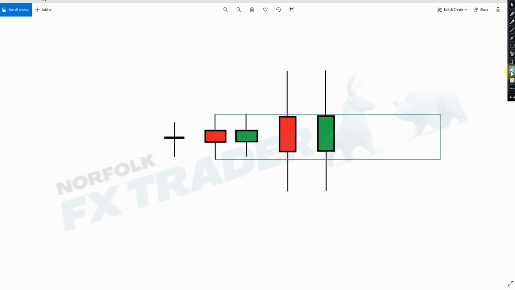I would not be using the traditional way of marking out from the open price of that last bearish candle to the low of that candle, then marking out my area of demand. And like I said, I would not be looking to mark out this candle from the open price to the high to mark out my area of supply. It's just basically not going to be the best zone to draw.